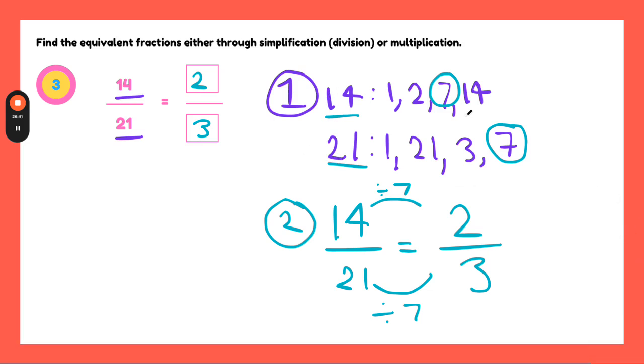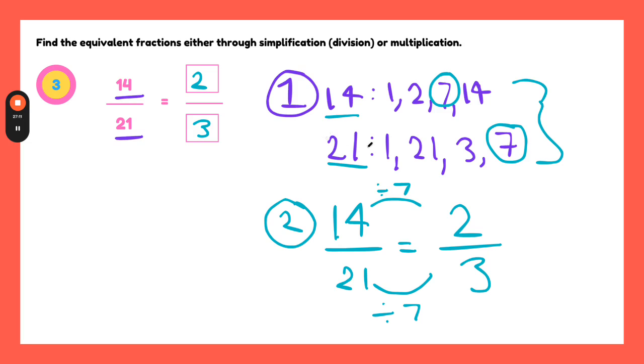So just to recap, we first of all find our highest common factor for both 14 and 21, which we found to be 7, because 7 goes both into 14 and 21 without any remainders. From there, we then use 7 to find our fraction in its simplest form.